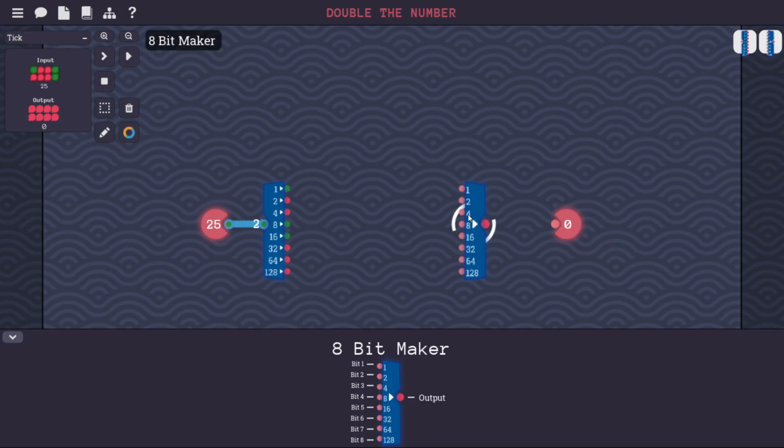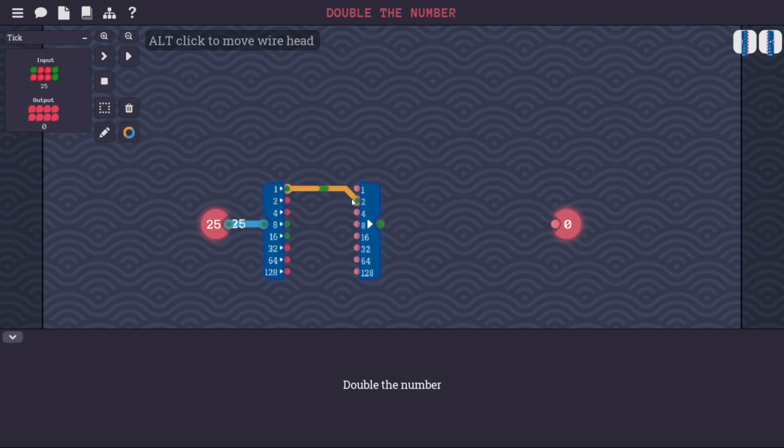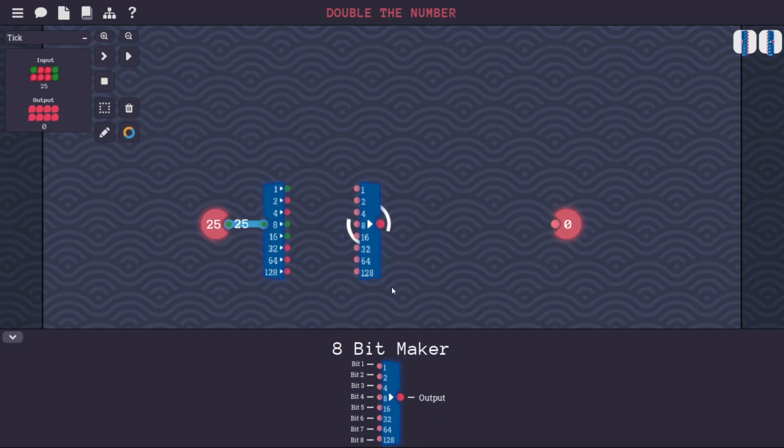So we are told we want to double the number, so I'm guessing multiply. And yeah, I think I did this level, and from what I remember, to double a number, we just move the signal this way. This is an 8-bit maker, which can take any 8 bits representation and output a byte.